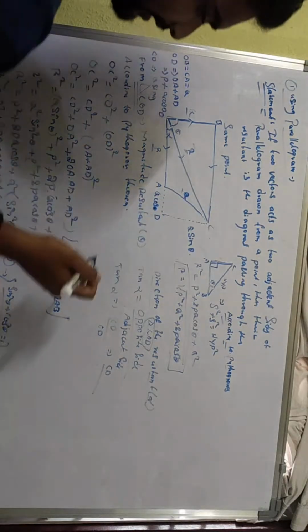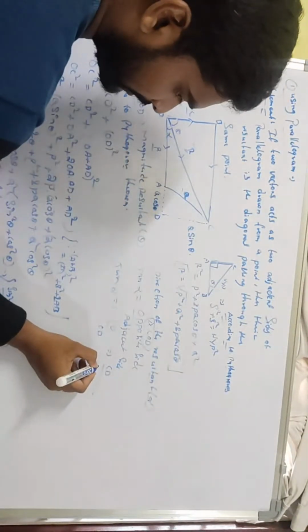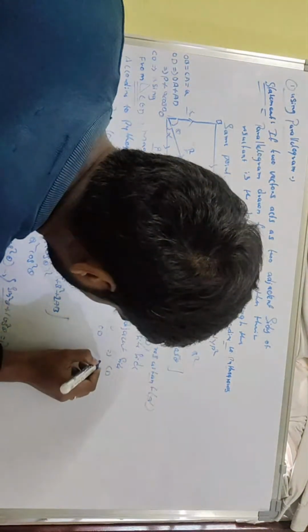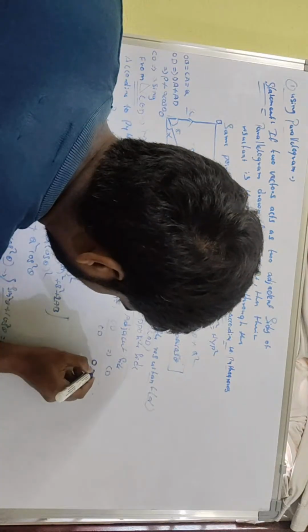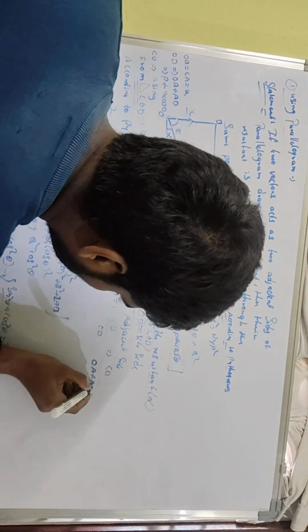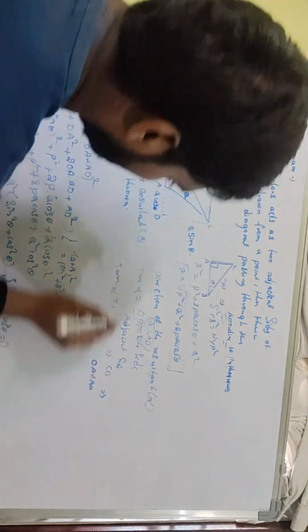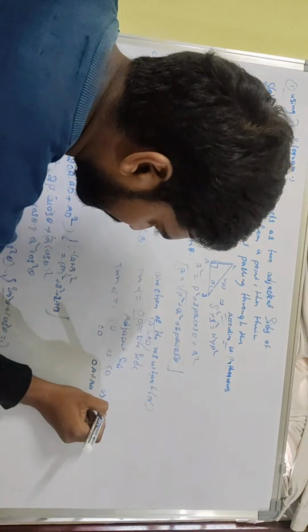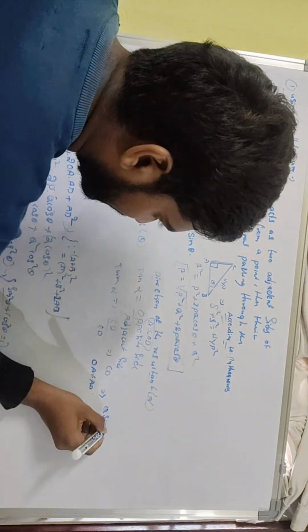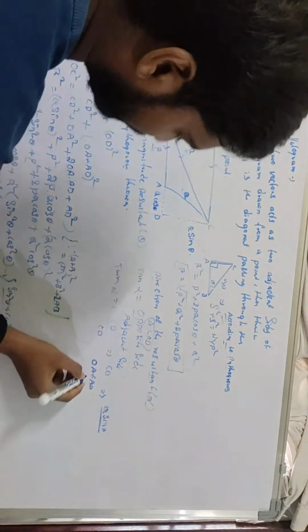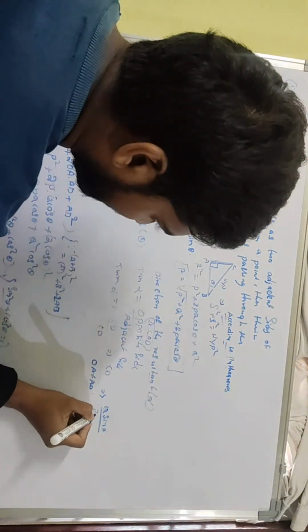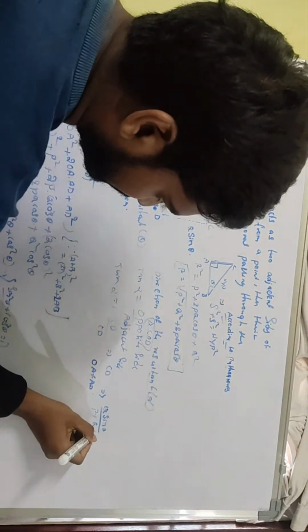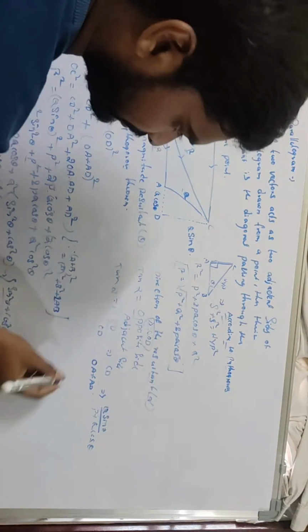So it shows CD divided by OA plus AD. CD becomes Q sin theta, OA is P, and AD is Q cos theta.